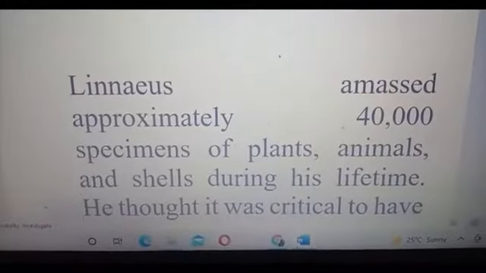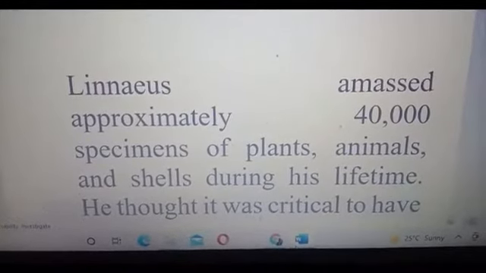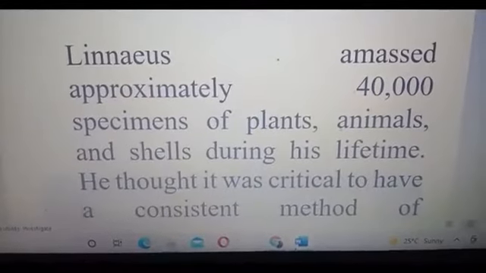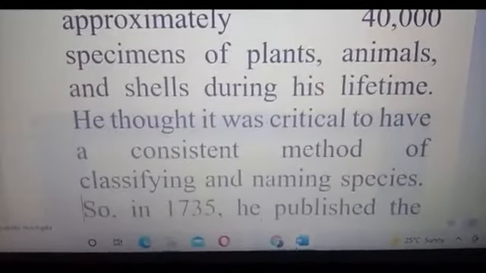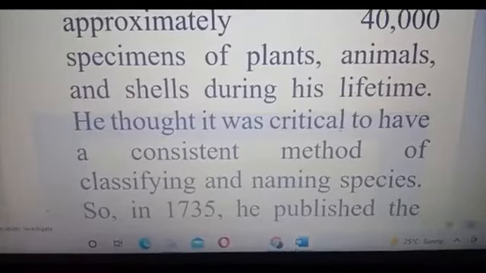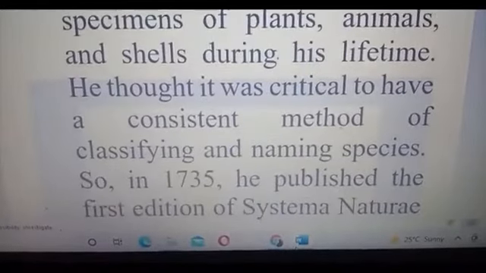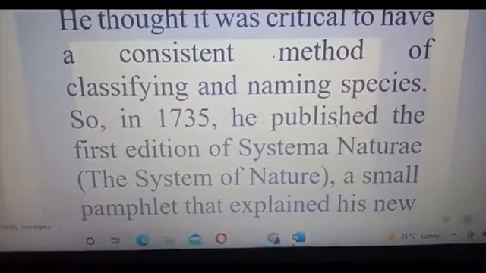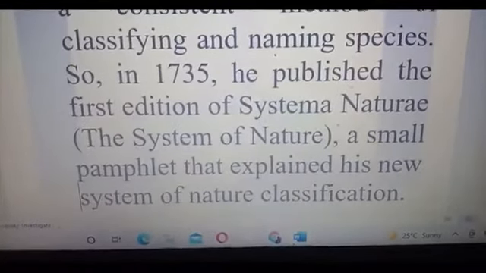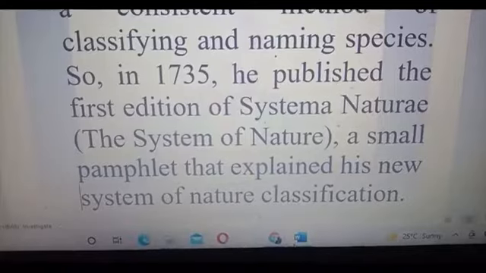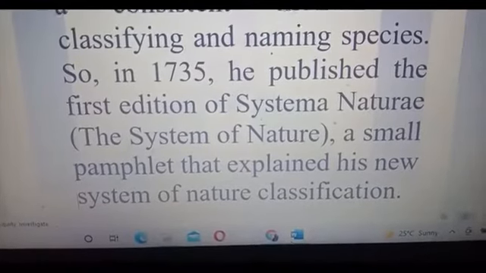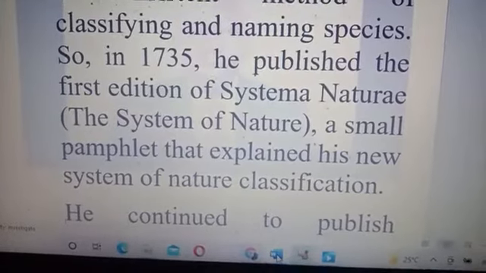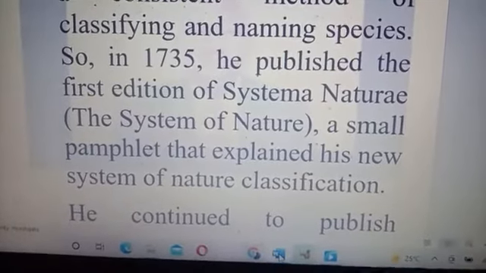Linnaeus amassed approximately 40,000 specimens of plants, animals, and shells during his lifetime. He thought it was critical to have a consistent method of classifying and naming species. So in 1735, he published the first edition of Systema Naturae, the System of Nature, a small pamphlet that explained his new system of nature classification.